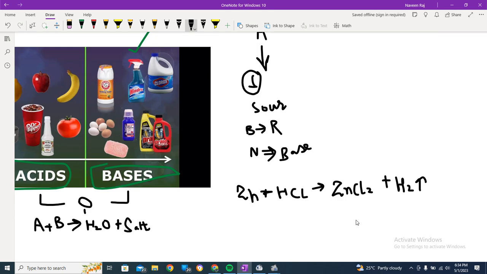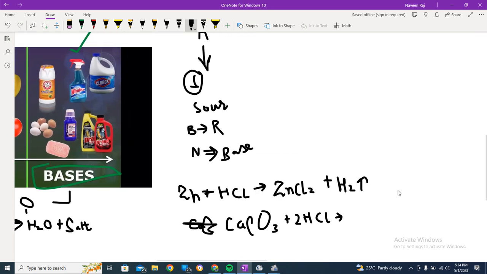Another point: an acid is a substance which decomposes carbonates, liberating carbon dioxide. Let's take an example to make it clear. Suppose we have calcium carbonate, and it reacts with an acid, for example HCl. Now what would be the product?